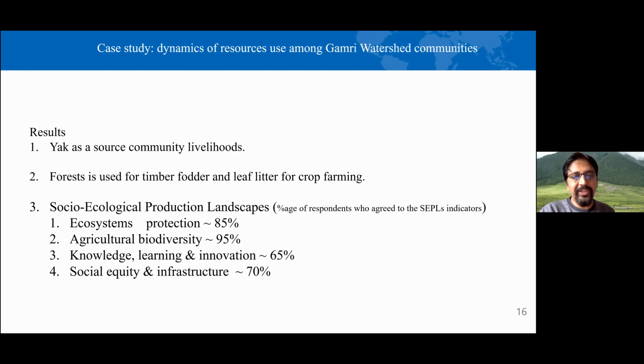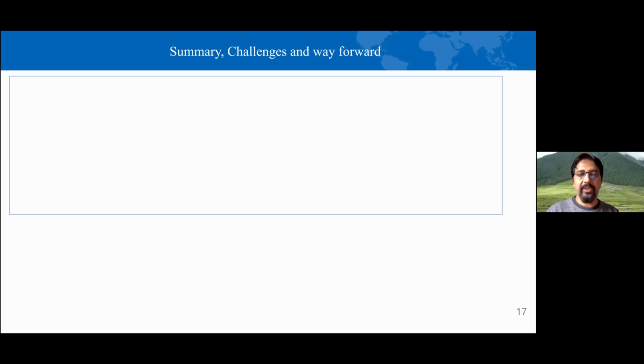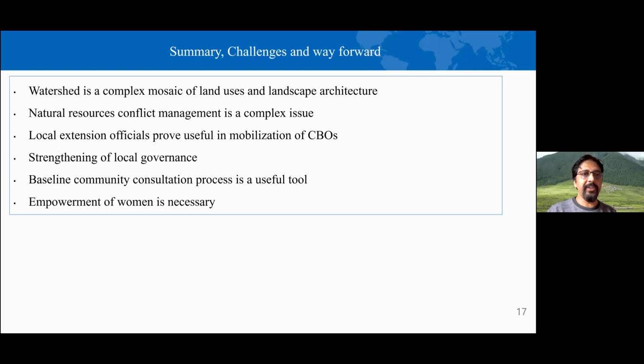And knowledge is important. We need to know which breed, which seed can grow. Then infrastructure is very, very important. And it seems people are aware. But then the question is, how do we balance this need and the policy of conservation? I think that needs to be looked into critically.